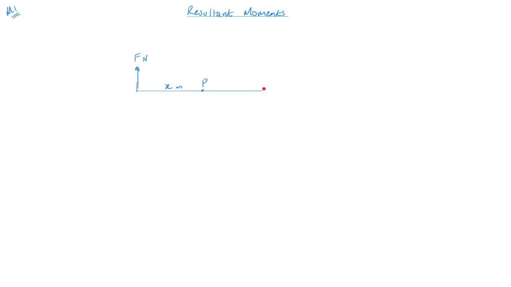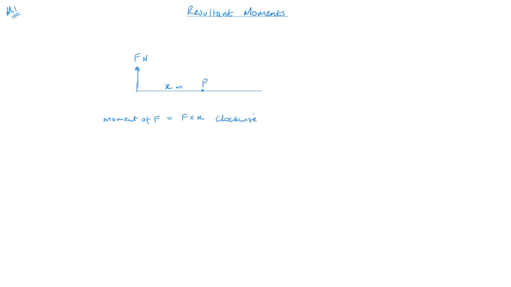Because it's going to spin this way about P. So the moment of F is going to be F times x, isn't it? And that's going to be clockwise.